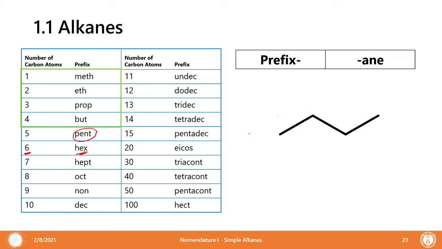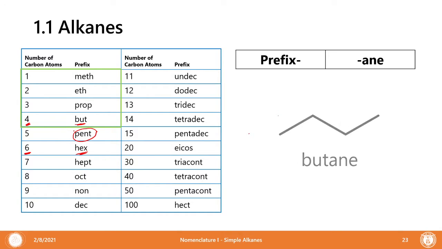Next, how about this one? Well, let's count the number of carbons. 1, 2, 3, and 4. So it has 4 carbons, and so it must use the prefix but. And so the name of our alkane is butane.